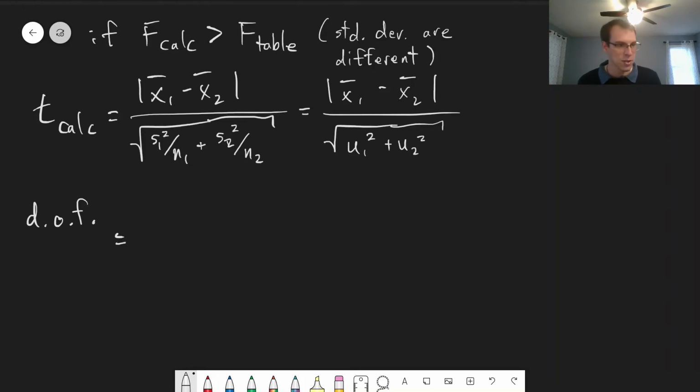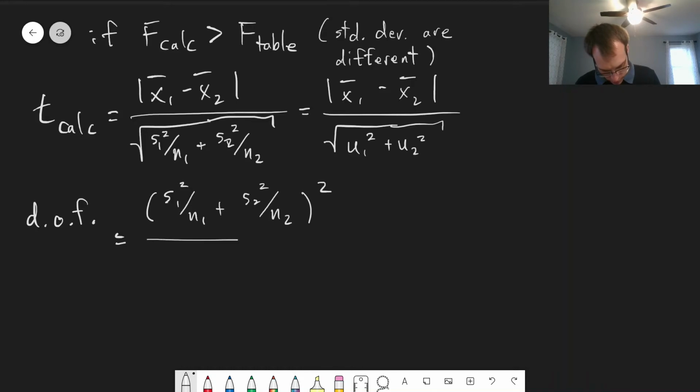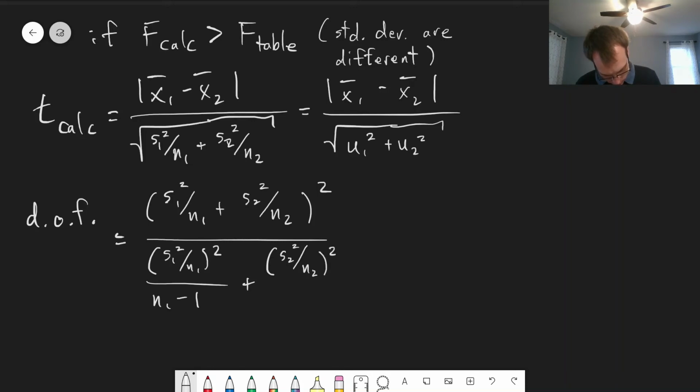So the degrees of freedom equation, buckle up for this one: we have s1 squared over n1 plus s2 squared over n2, all of that squared, divided by s1 squared over n1 squared divided by n1 minus 1, plus s2 squared over n2 squared divided by n2 minus 1.